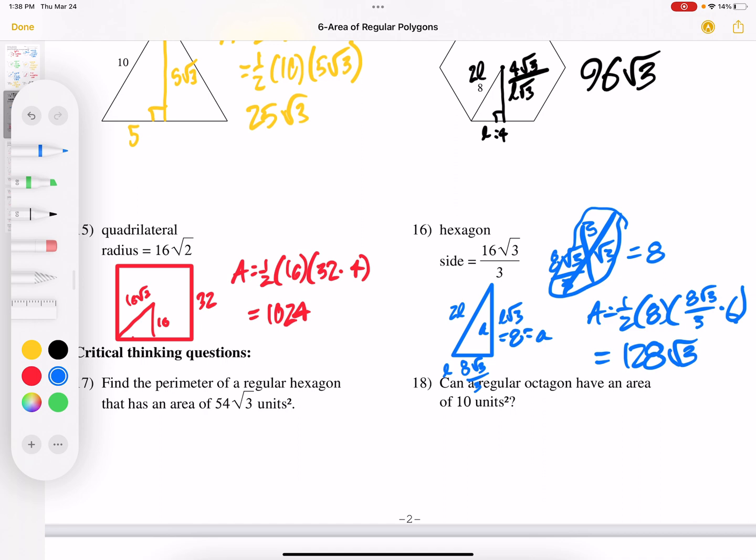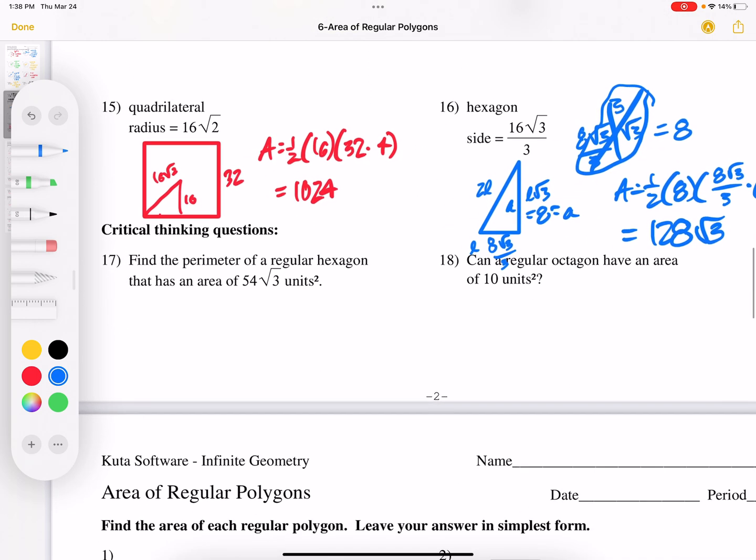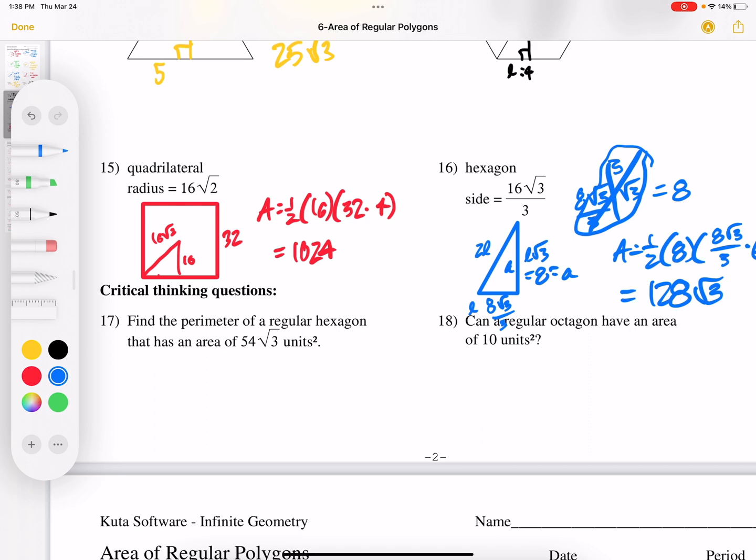All right, find the perimeter of a regular hexagon that has an area of 54 square root of 3 units. Wow, how interesting. So let's think about it. The area is 54 square root of 3 units. Well, I know that if I draw a hexagon, let's suppose we know this is a 30, 60, 90 triangle in here, right? Let's think of it another way.